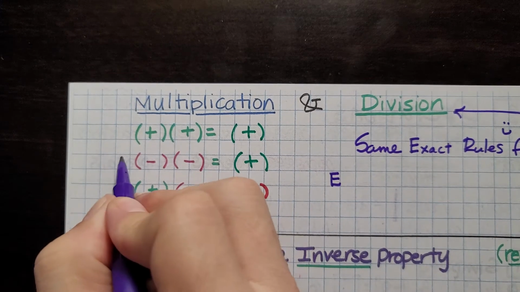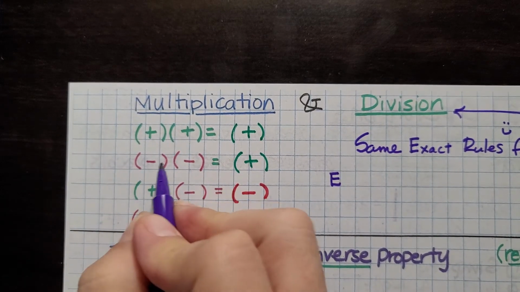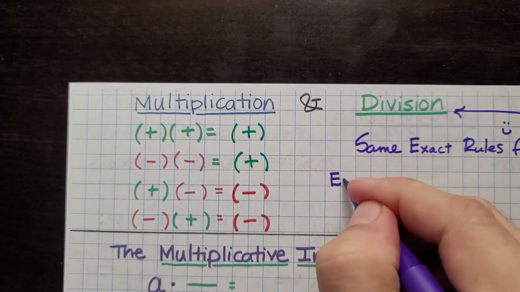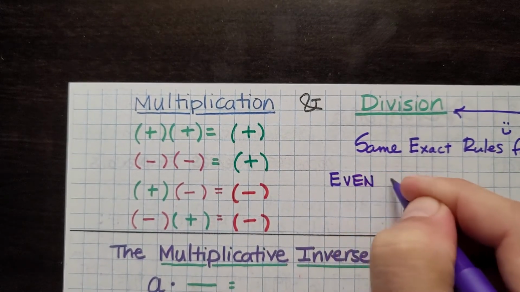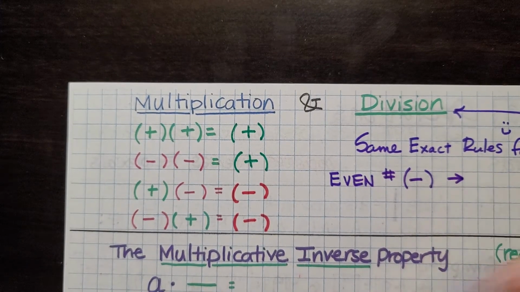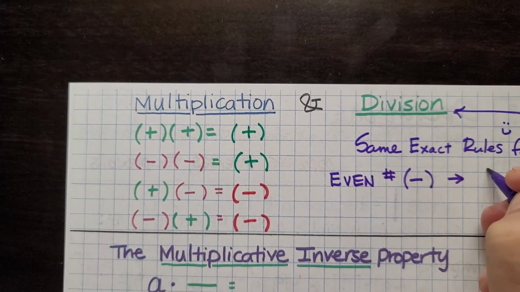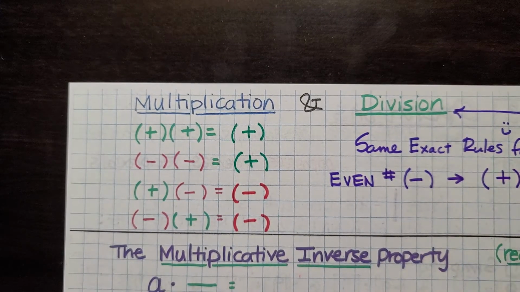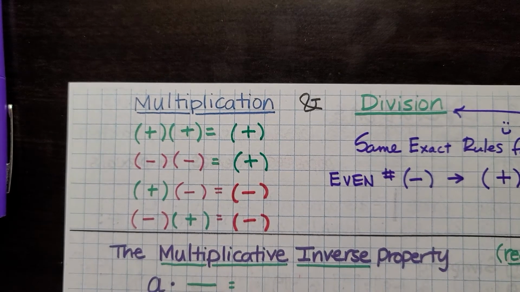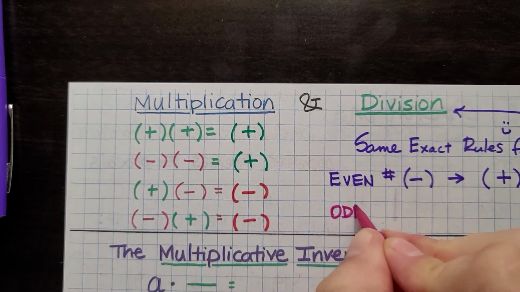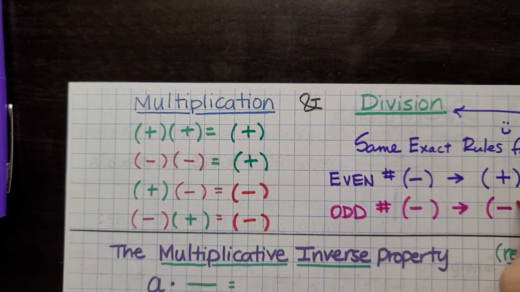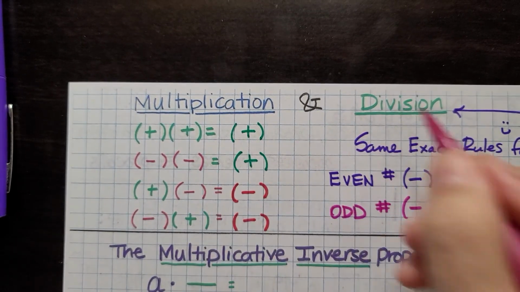If I throw one more negative in there, a negative times a negative times a negative, if I have 3 negatives, an odd number, then here's what we're going to do. If it's an even number of negatives, your final product or quotient is going to be positive. If there is an odd number of negative numbers, then the final result, called a product or a quotient, will be a negative.